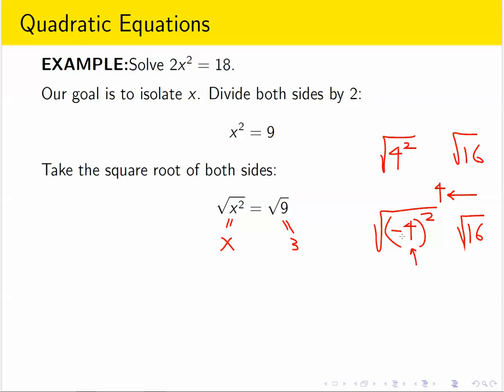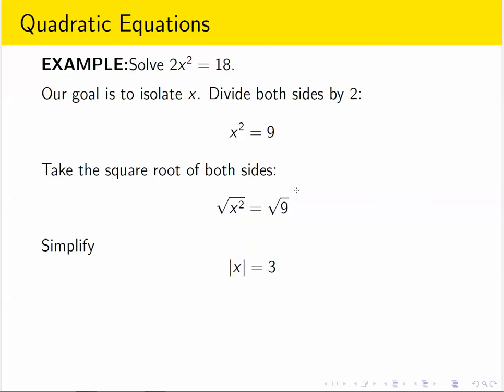So if I plug in a negative value for x, this doesn't give me x back. It actually gives me the absolute value of x back.